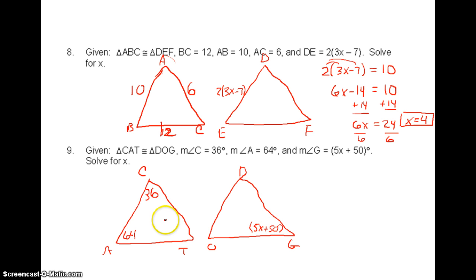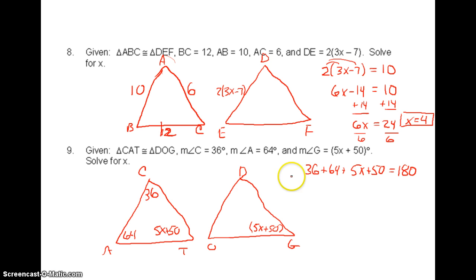Okay, solve for x. Okay, so we got them in 2 different places. Now, since we know that these are corresponding, we can just take this and move it over here. So this will be 5x plus 50. And now we know that the angles of a triangle add up to 180, so we're going to do 36 plus 64 plus 5x plus 50 equals 180. And solve for x.